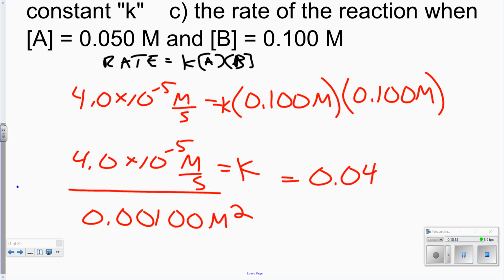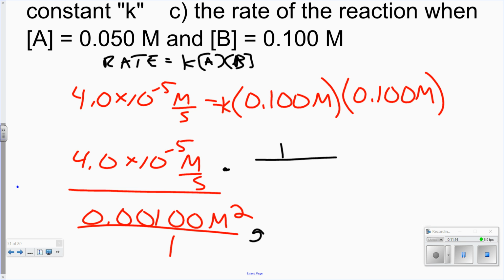So anytime I divide by a number, I can flip it and multiply by the reciprocal. So what if this is over 1? Let's just remember all this stuff here. So let me just flip this over and put it up here. So I'm going to multiply by 1 over, this is the reciprocal, 0.00100 molarity squared.